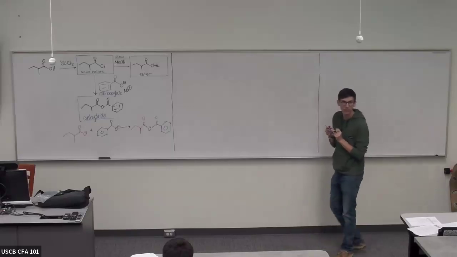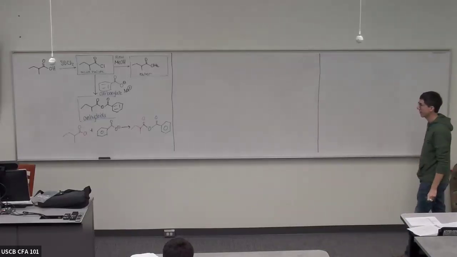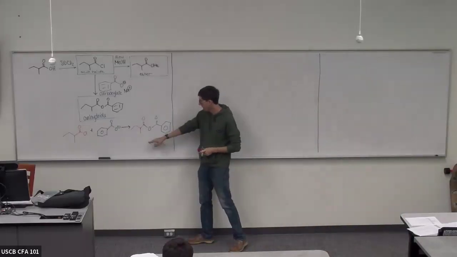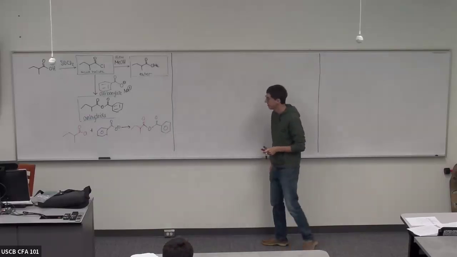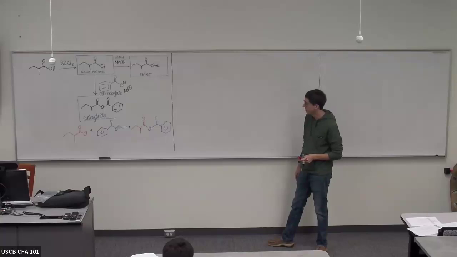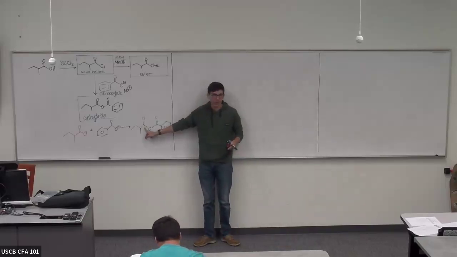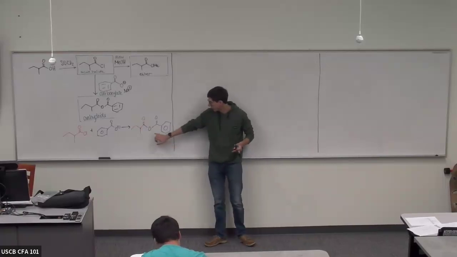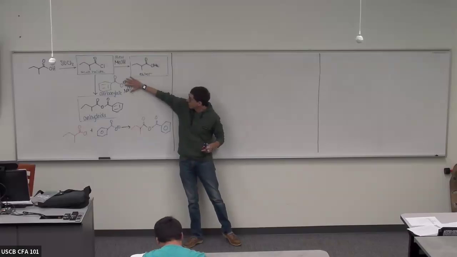How's that color? So in red, we have the part from the acid halide. In blue is the benzoate. And then in black here, that's the bond that's actually formed between the two. So the oxygen from the anhydride comes from here.